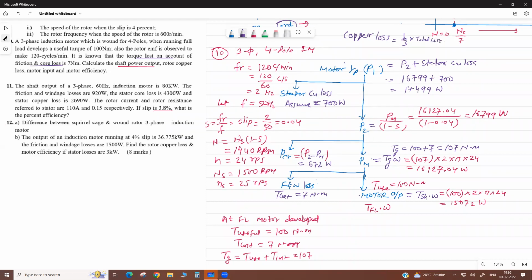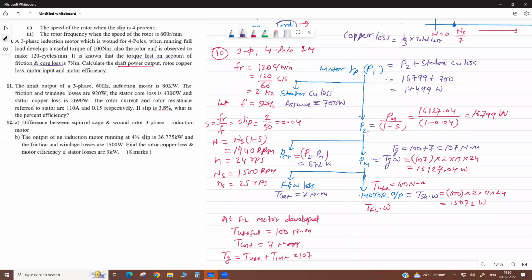Or actually in rotor, copper loss is almost 700. And in this problem it is assumed in your book, where it is taken.